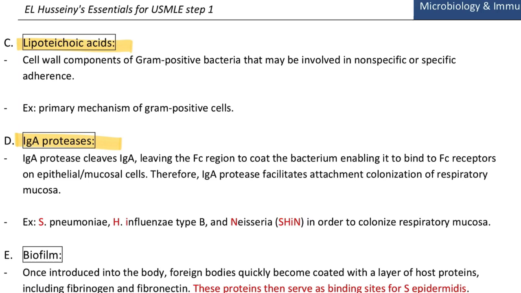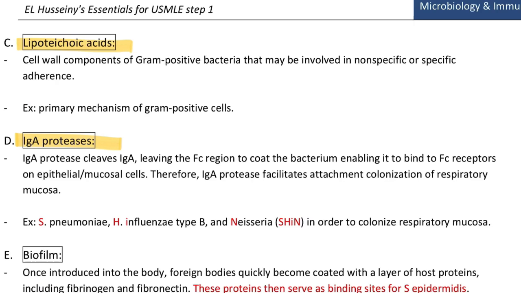The Fc region of IgA sticks to mucosal cells and helps bacterial attachment. Examples are the SHiN organisms, SHiN being a mnemonic: Streptococcus pneumoniae, Haemophilus influenzae type B, and Neisseria.